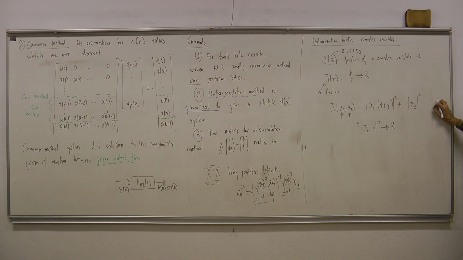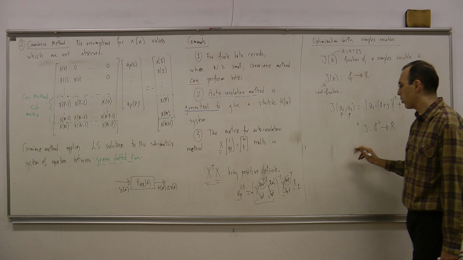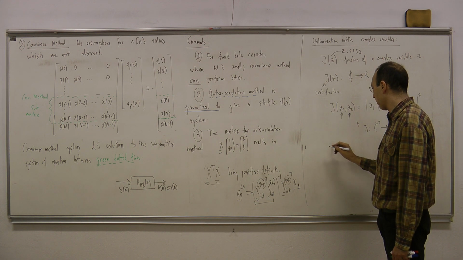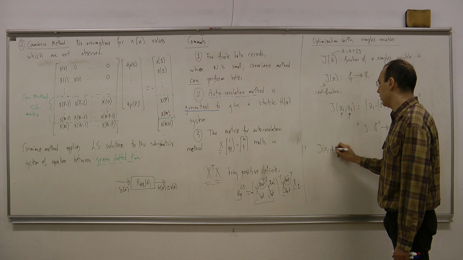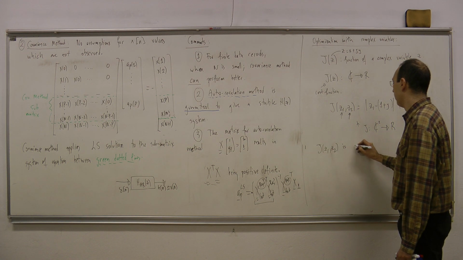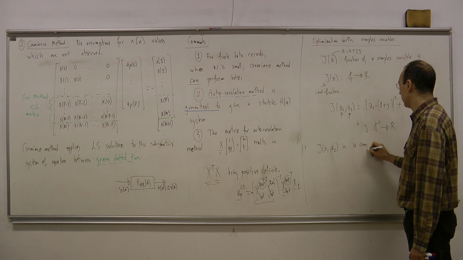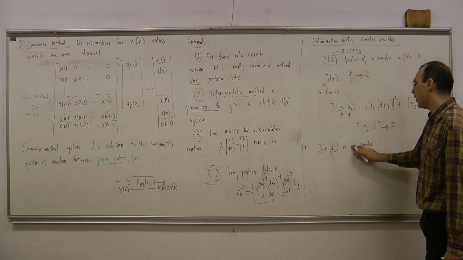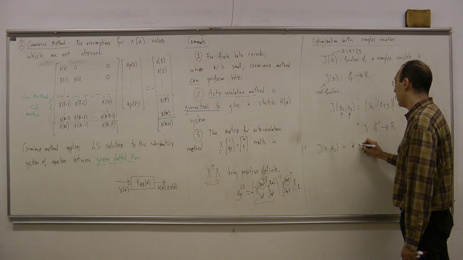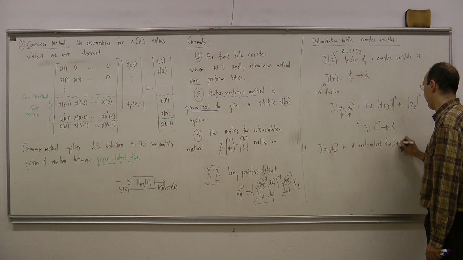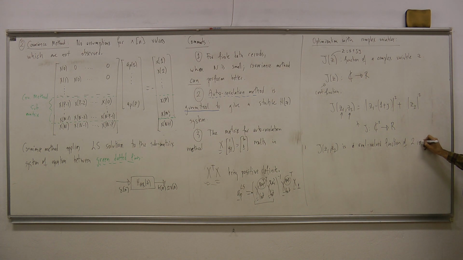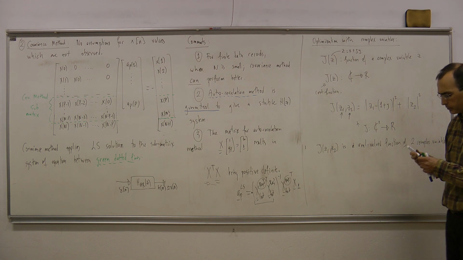Okay. So for such functions, optimization makes sense. For such functions, for example, this one, J of Z1, Z2 is a function of two complex variables. Let me write, real valued function of two complex variables. Okay?